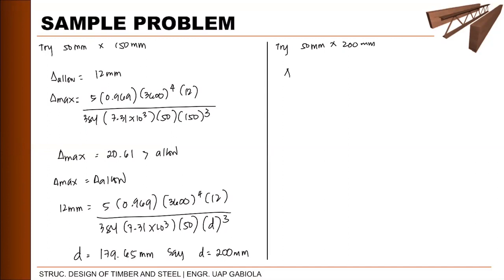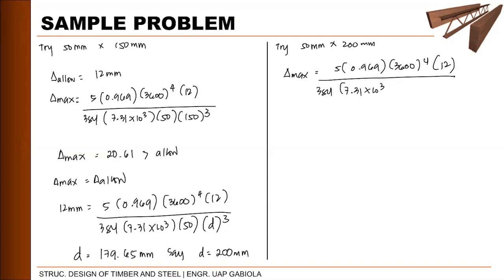Okay? Again, i-check natin yung maximum deflection. We have 5 times 0.969 times 3,600 raised to 4 times 12 all over 384 times 7.31 times 10 cube times 50 times yung 200 cube natin. Inuulit ko lang po yung formula natin. Okay, so ano yung magiging value ng maximum deflection nun?